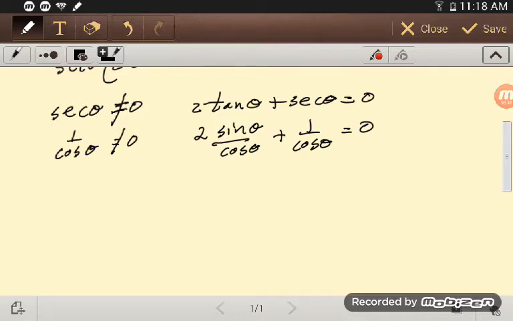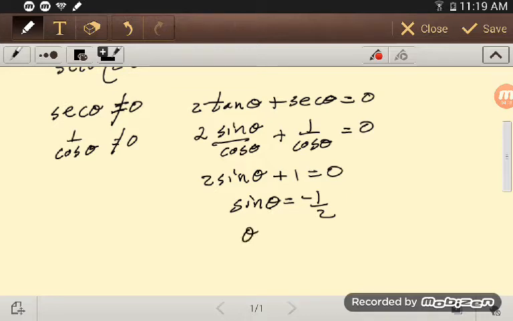And so let's just multiply through by cosine theta when it's not 0. And we get 2 sine theta plus 1 is equal to 0. So sine theta is equal to negative 1/2. Okay, so in terms of reference angles, that is the angle theta.